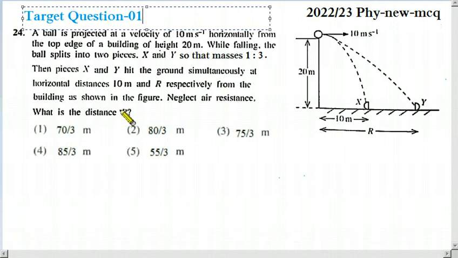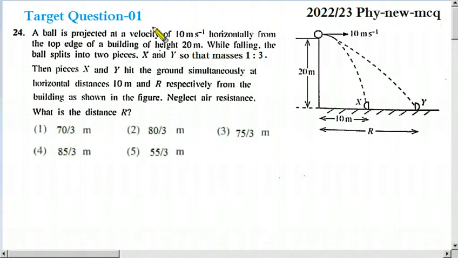I did some changes in the question. A ball is projected at a velocity of 10 meter per second horizontally from the top edge of a building of height 20 meter. While falling, the ball splits into. So read the question.